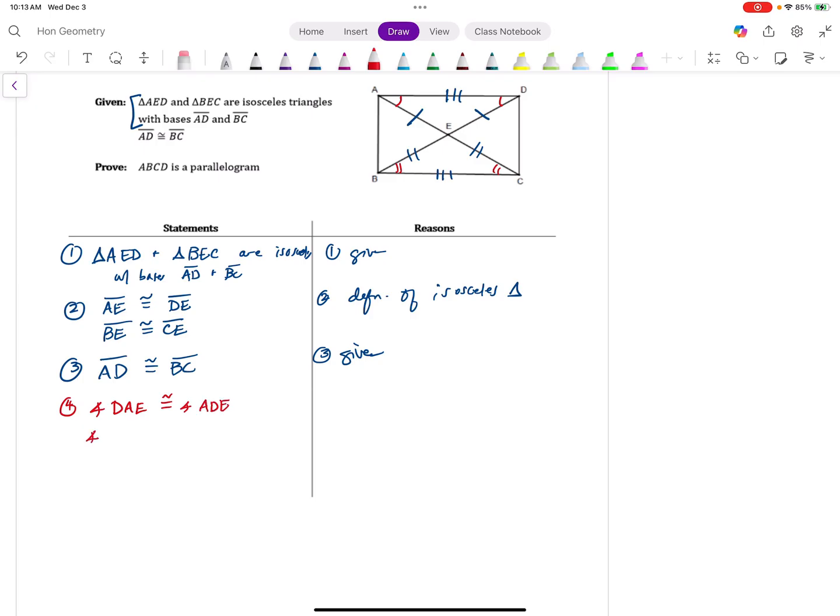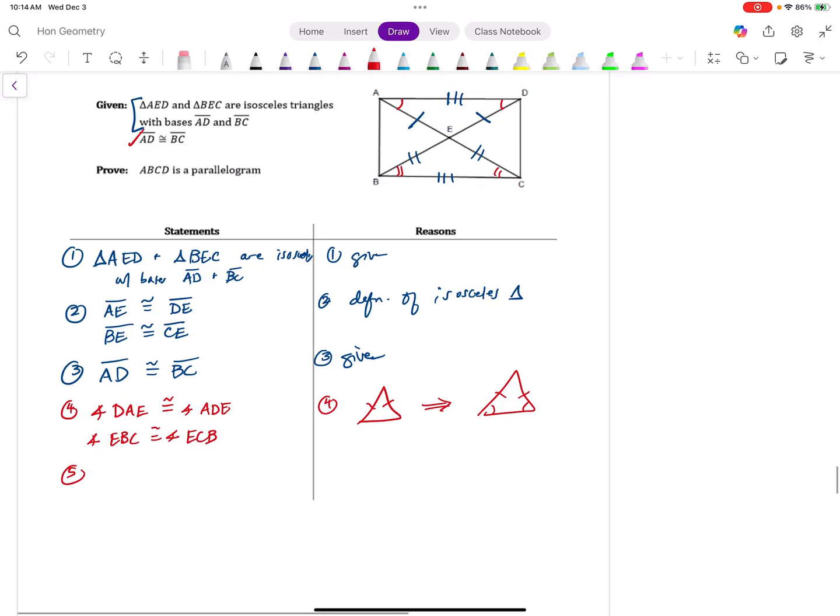We also know the angle, I want to call it EBC, that seems like a good thing to call it, is congruent to angle ECB, because when we have a triangle with congruent sides like that, we have congruent angles across from them. Okay, so we got this given.